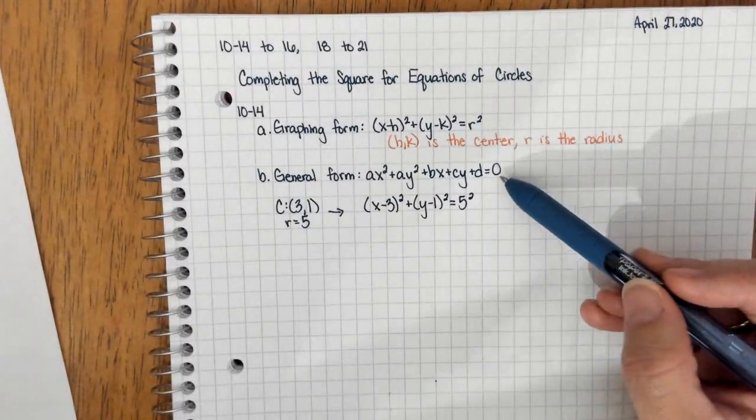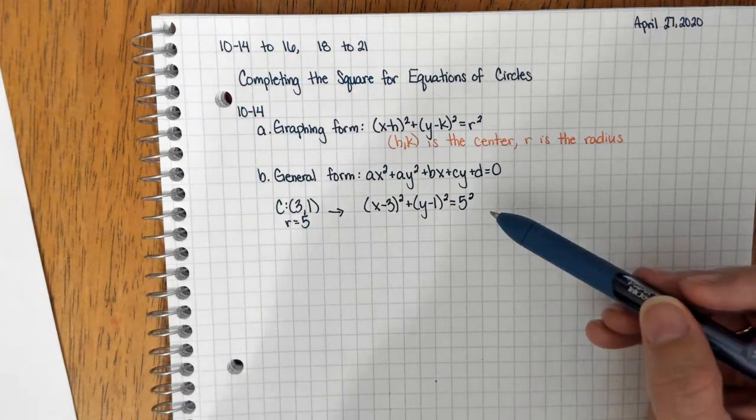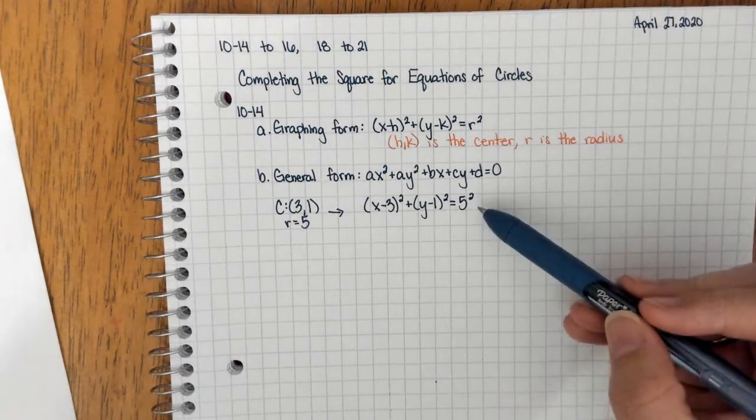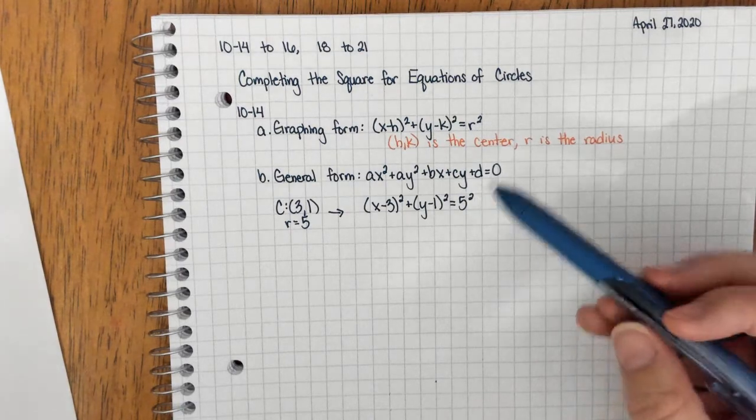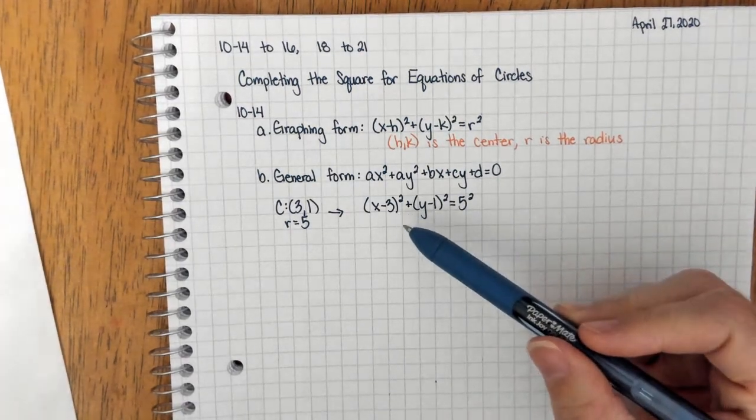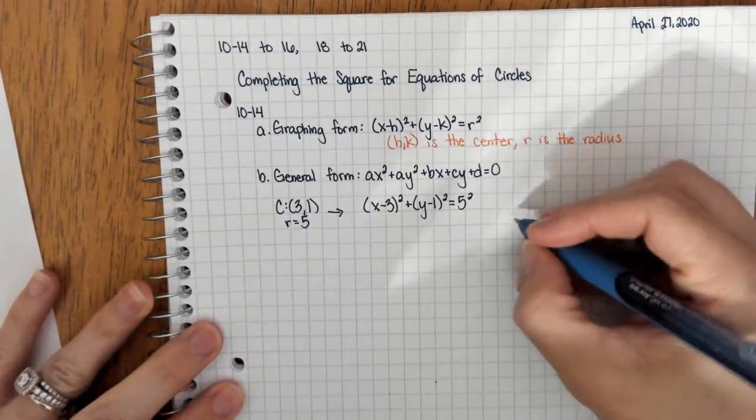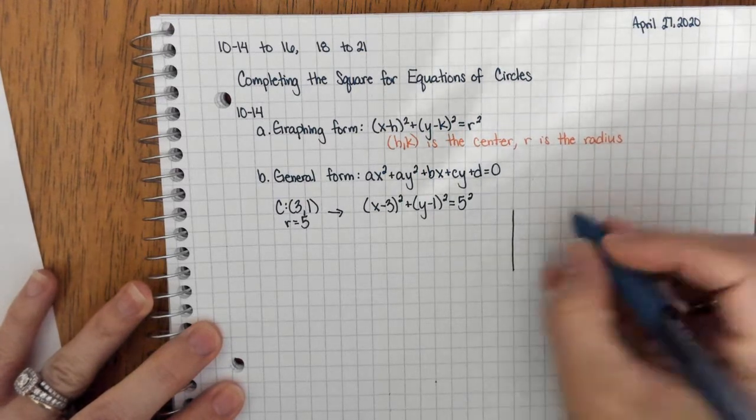We need to get this into general form. So basically what we need to do, we need to get it equal to 0, but we'll do that last. And we need to get rid of our parentheses. So to get rid of our parentheses, we're going to make some boxes.